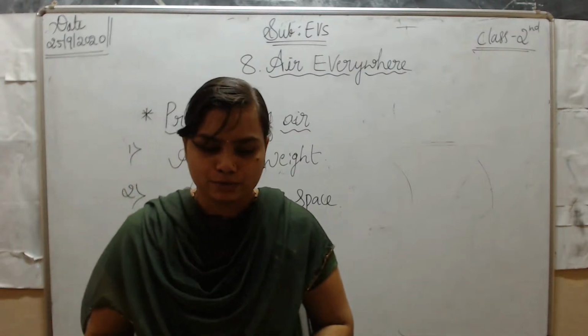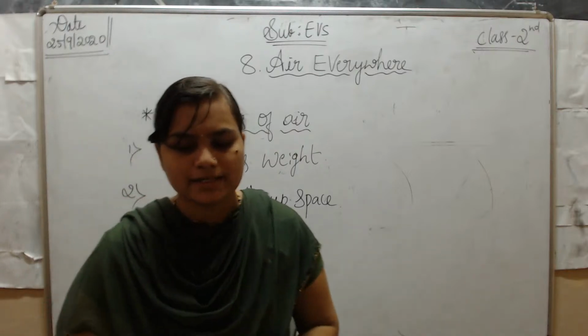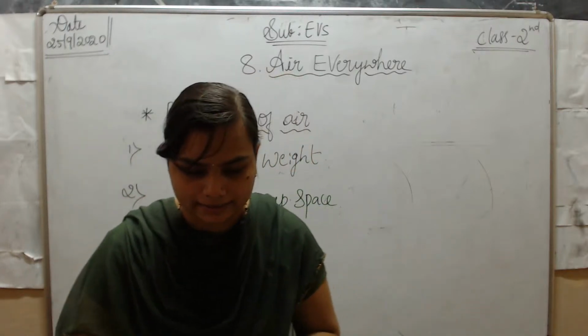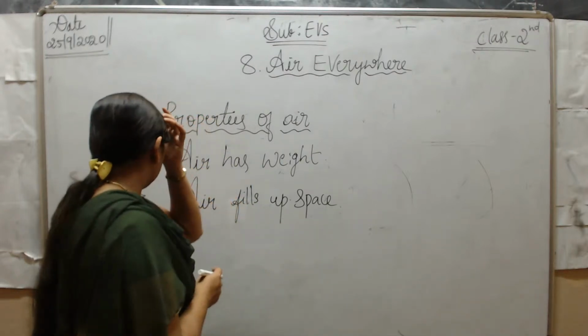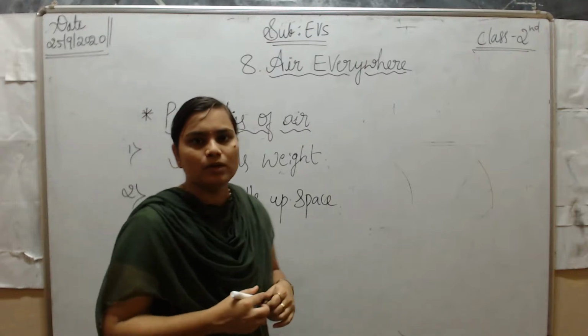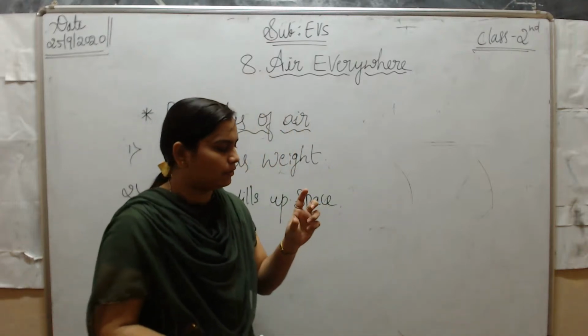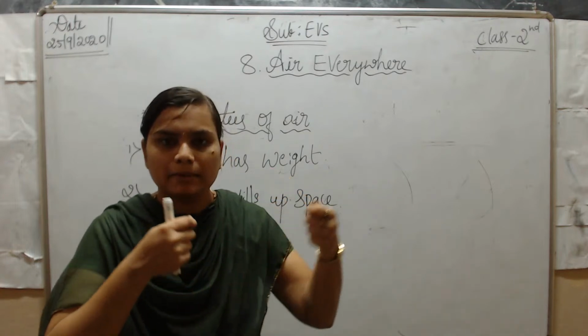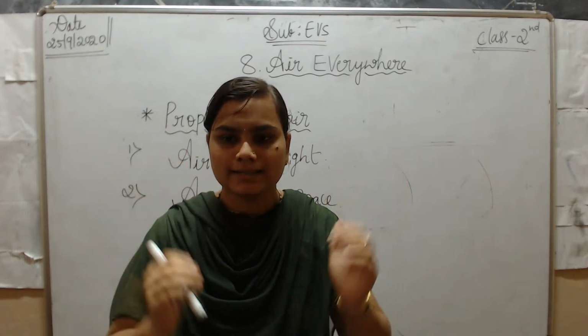When we blow into a balloon, it gets bigger in size. It shows that air needs space. Take one balloon and blow air into it. At first your balloon is this small. When we blow air into that balloon, it becomes bigger in size.